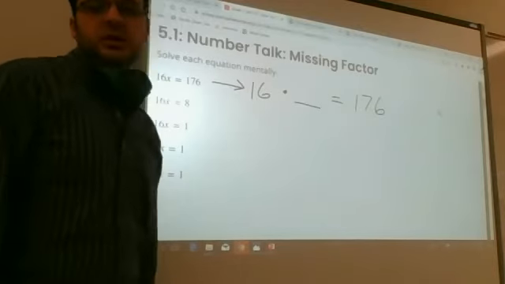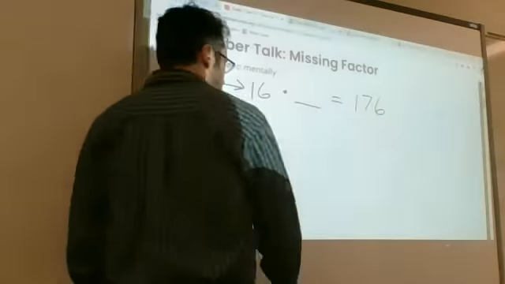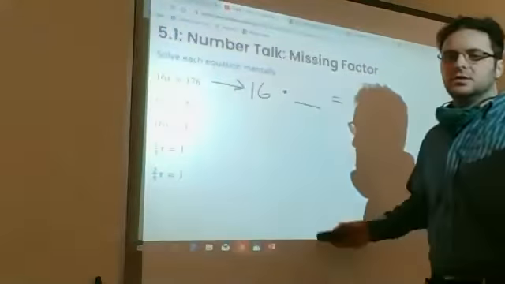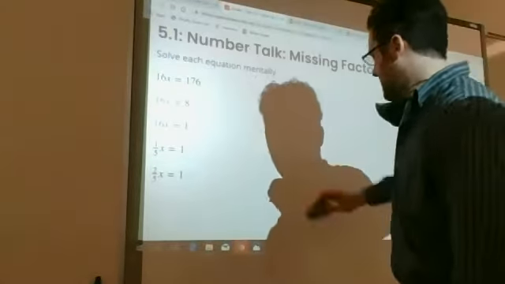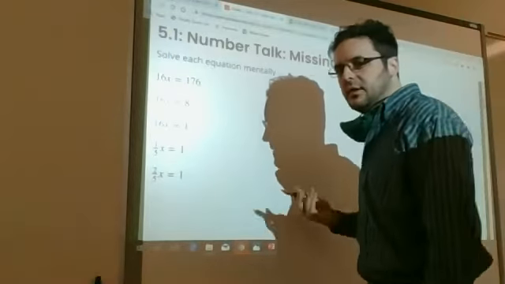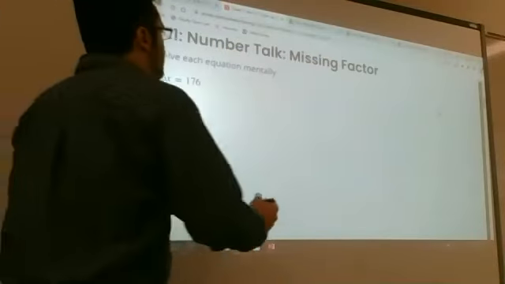Well, there's multiple ways to do this, but the most obvious ways: there's the long way, which is get the x by itself. That's called isolating the variable. Or there's the mental math way. I'm going to show you both ways.